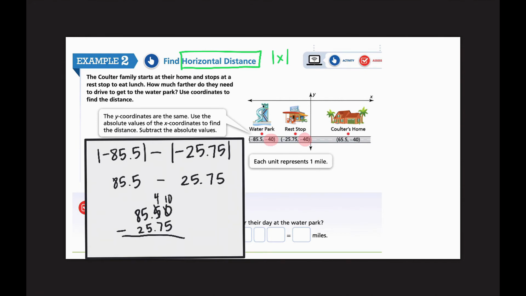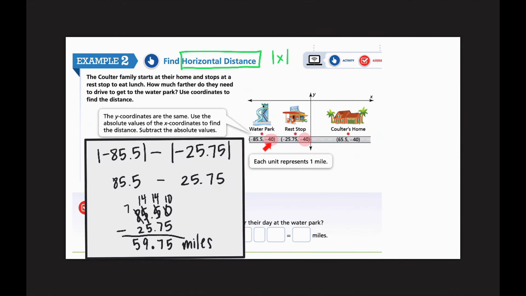This becomes 10. 10 minus 5 is 5. 4 minus 7 we can't do, so we're going to borrow from here. 14 minus 7 becomes 7. 4 can't subtract 5, so we'll borrow here. 14 minus 5 is 9, and 7 minus 2 is 5. So it tells me that it is 59 and 75 hundredths miles away.